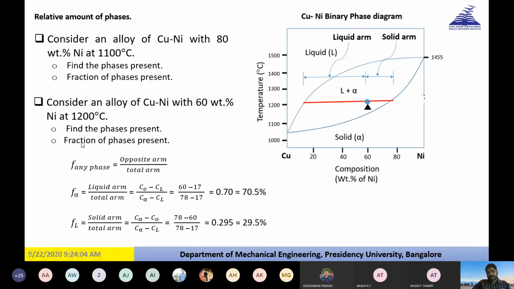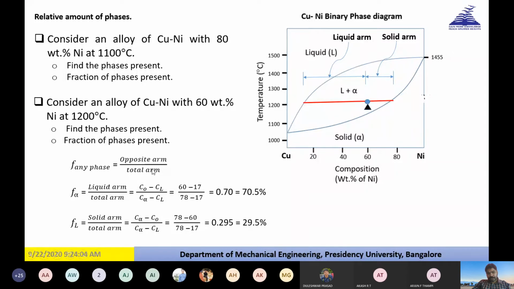Now you have to find the fraction of phases present. Here you can see the fraction of any phase is given by opposite arm by total arm. Opposite arm means if you take solid, then you will take the liquid arm, and if you take the fraction of liquid phase, then you will take the solid arm.